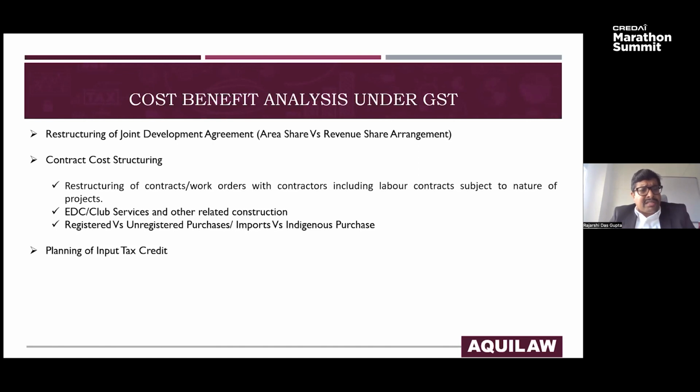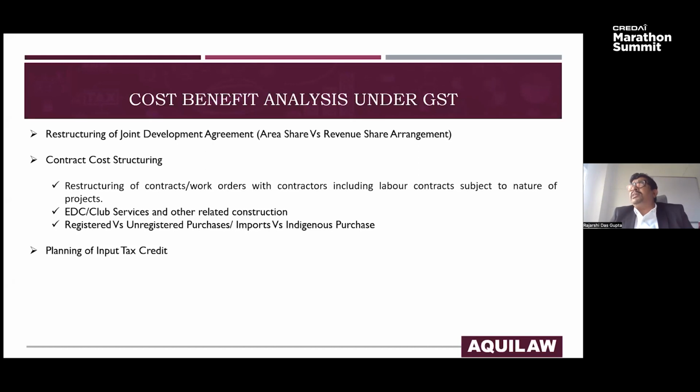Last but not the least, planning of input tax credit. First of all, the point is for ongoing projects or for commercial projects. When I receive a completion certificate or when an occupancy is granted, when the completion certificate comes in, the law says that you are liable to reverse input tax credit.